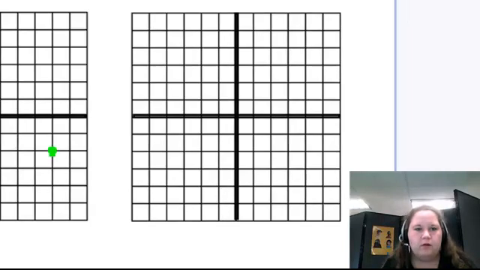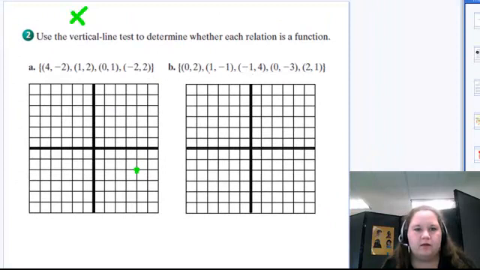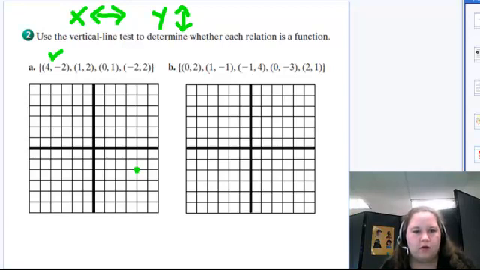Because remember, your x goes this way or this way, and your y goes this way or this way. So we've put that one on the graph. (1, 2), that's been graphed. (0, 1), that's been graphed. And (-2, 2), that's been graphed.